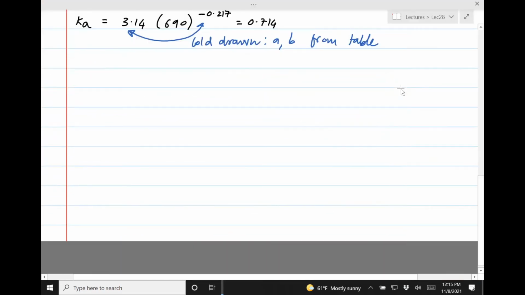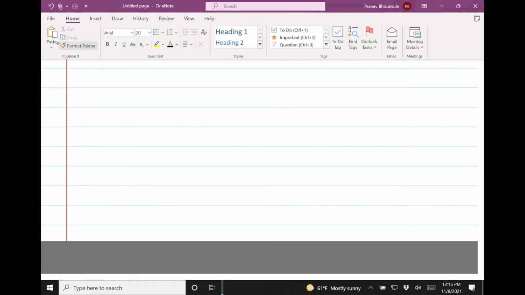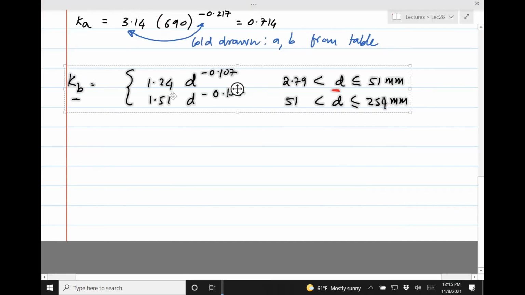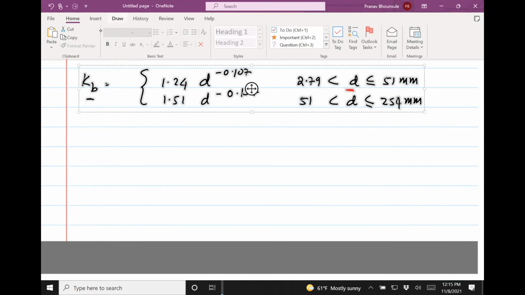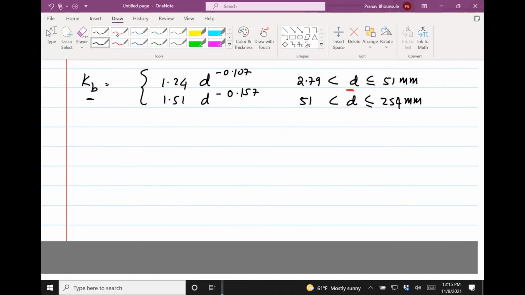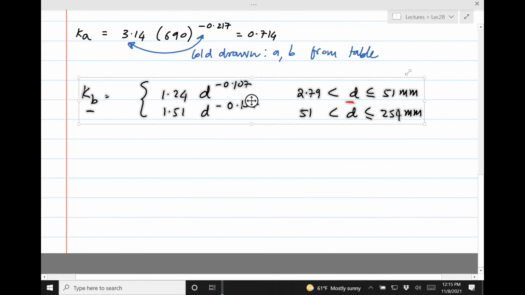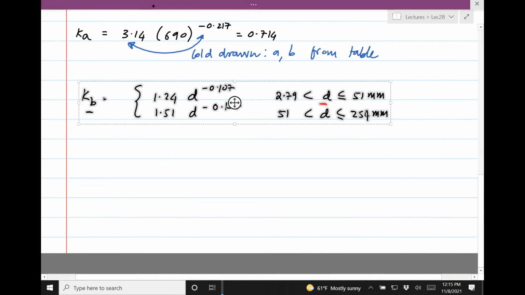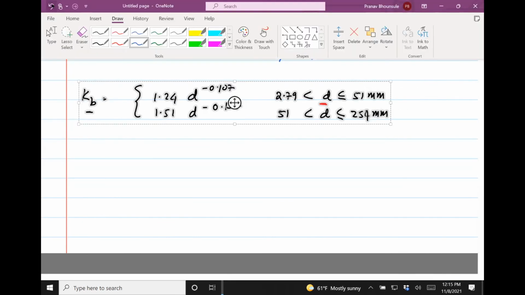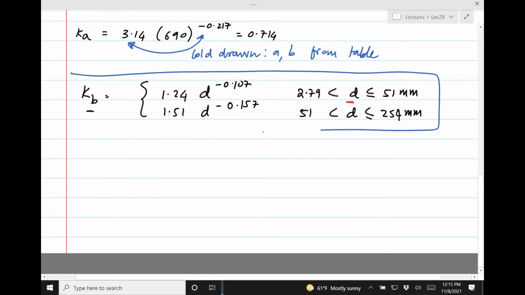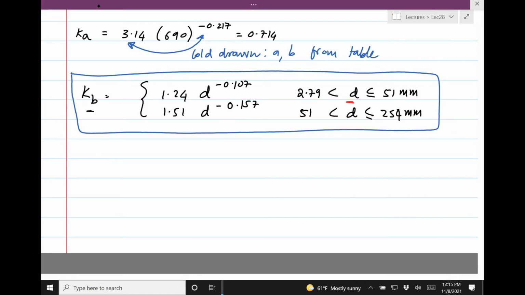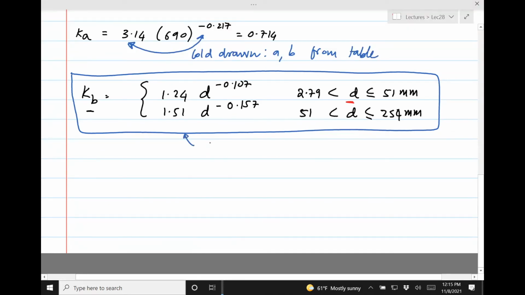Okay, and then paste it here, so you have a reference. And this comes from SI unit.